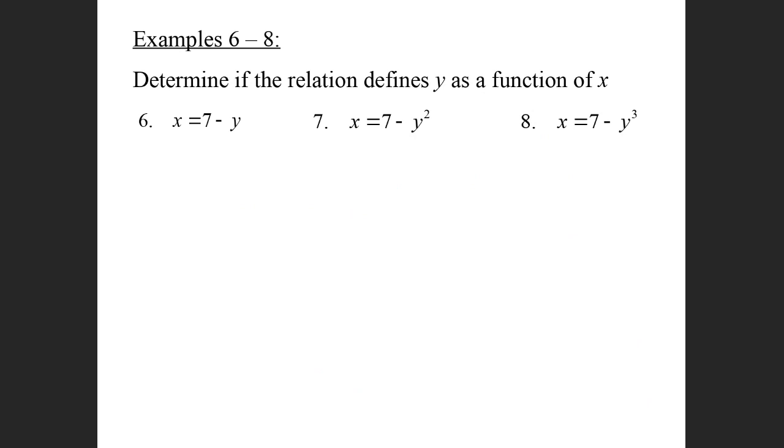Now, what if I slightly change this equation? 7 equals 5 plus x cubed plus y to the power 4. Does this equation define a function or not?